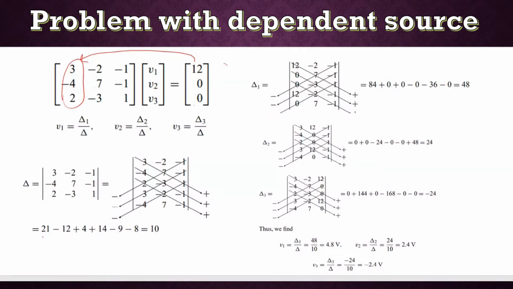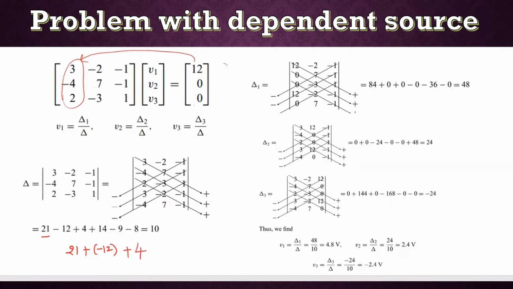Plus, because here plus is there, plus -4 into -3, that is 12. -1, -12, plus -12. Next, plus 2 into 2, -2, -4, -4 into -1, 4. So this is your 4.